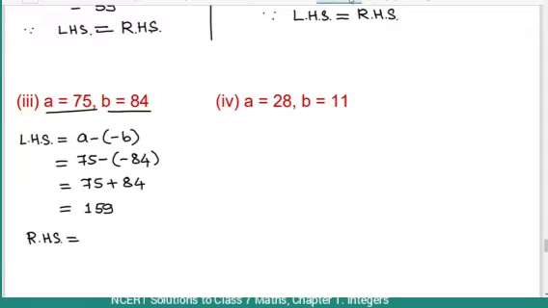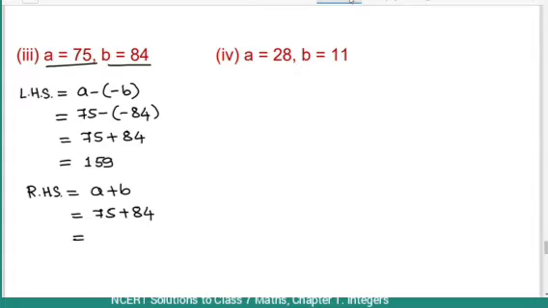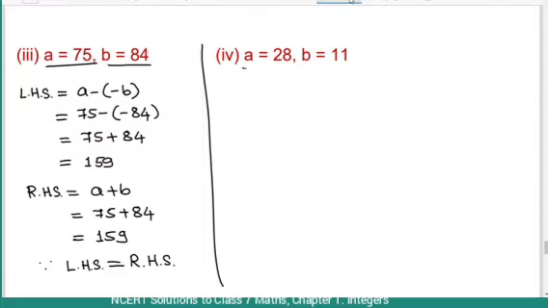RHS value is equal to a plus b, that is 75 plus 84, that is 159. Since LHS is equal to RHS, hence the result is verified.